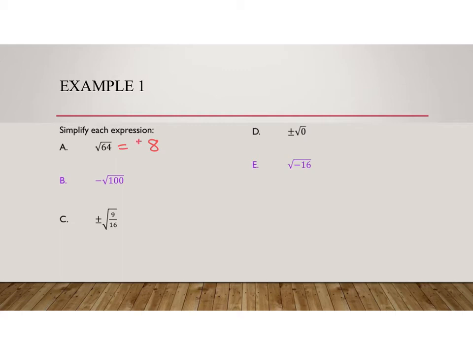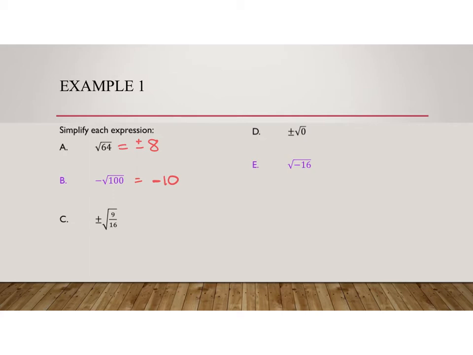So in this case, it will be a positive or a negative 8. Likewise, for part B, the square root of 100 is going to be 10, because 10 times 10 is 100, but I do have that negative in front, which tells me that we are only interested in the negative side of that answer. For part C, I have the positive and negative of the square root of 9/16.